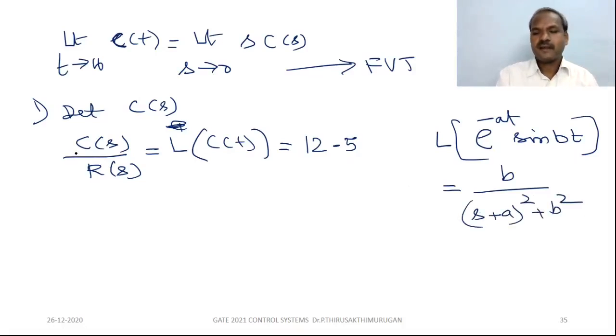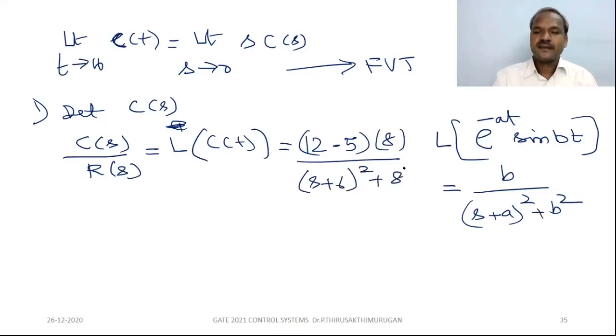The same thing can be applied here. So 12.5 into 8 divided by (s plus 6) whole square plus 8 square, by the shifting theorem. So this is our C of S by R of S.